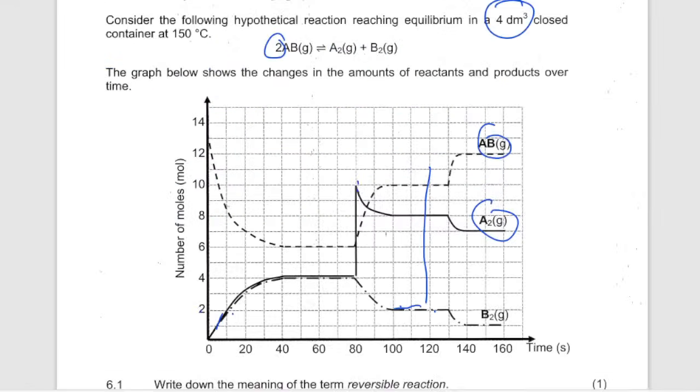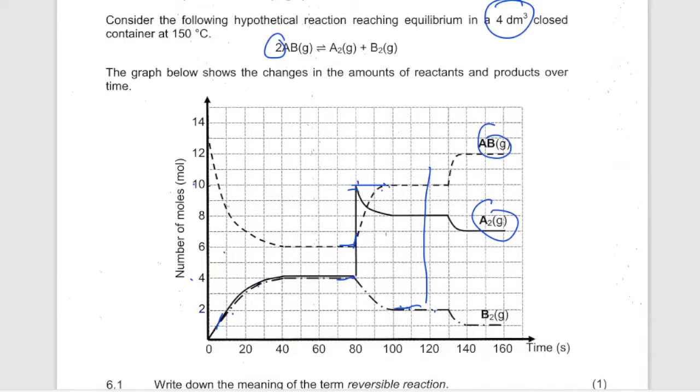B started from 4, A started from 10, and AB started from 6.